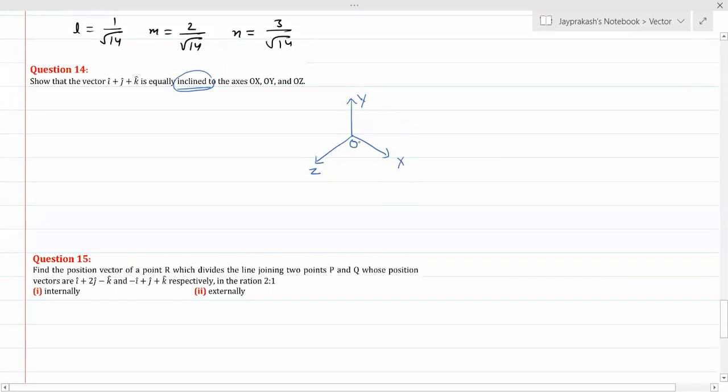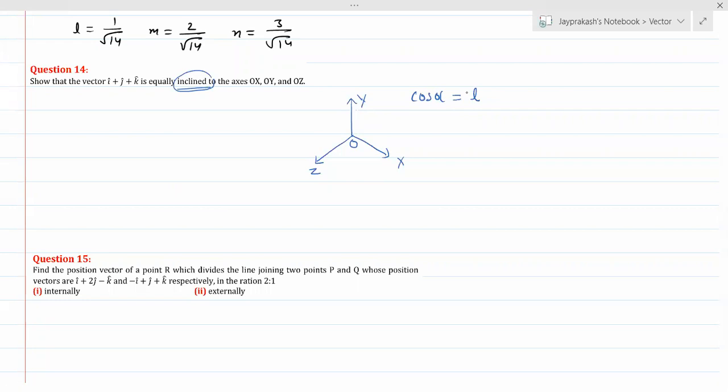If I take the first OX, then the inclined angles are cos alpha, cos beta, cos gamma. Now don't confuse the cos alpha, cos beta. Cos alpha is nothing but the direction cosine along the x component. Our l is the same as cos alpha.